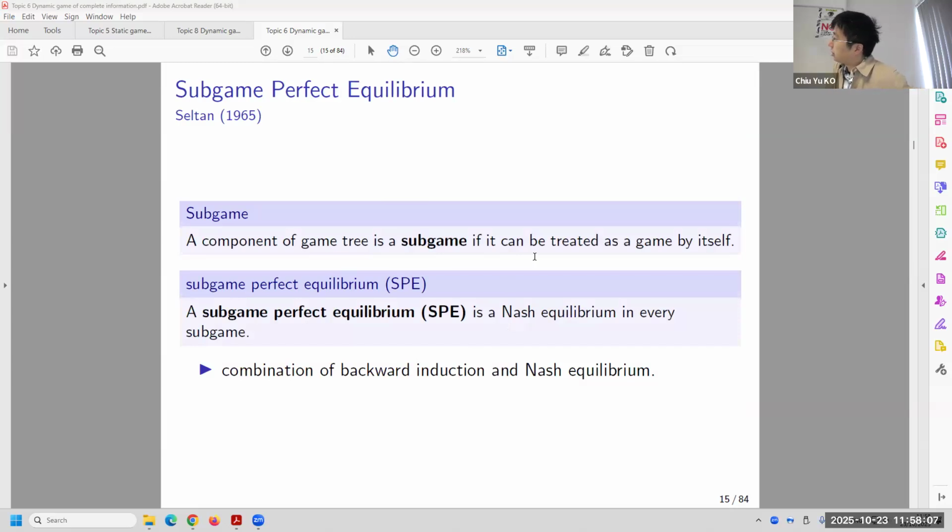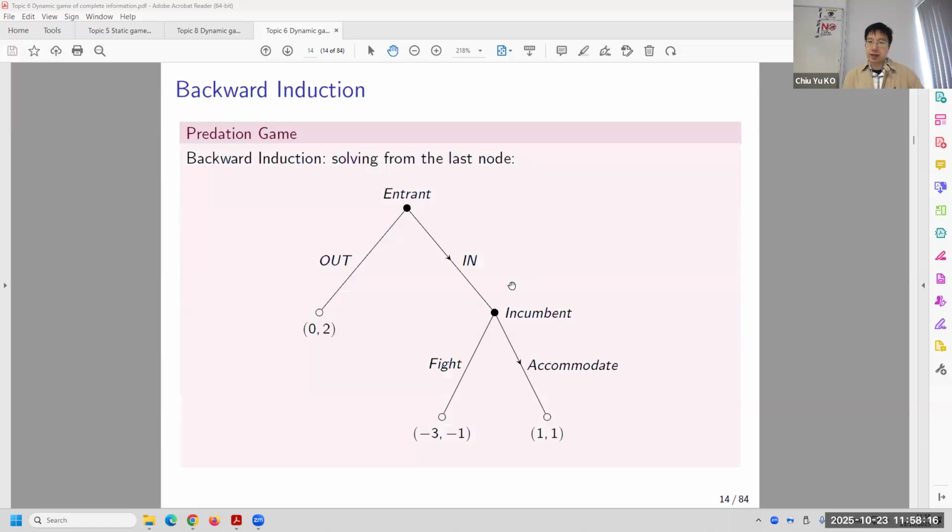I require its component is also a Nash equilibrium in this subtree. Okay, so let's look at this again. Okay, this is a subgame, because itself is a tree. So I require us to solve a Nash equilibrium in this game, which is this one.